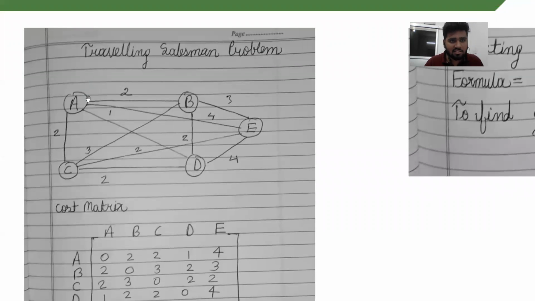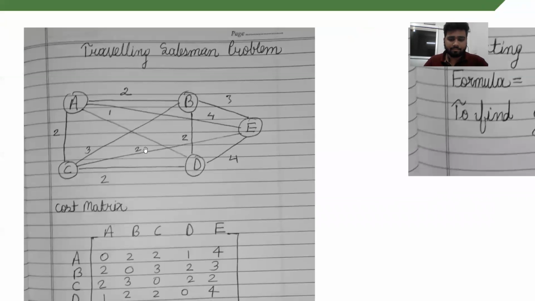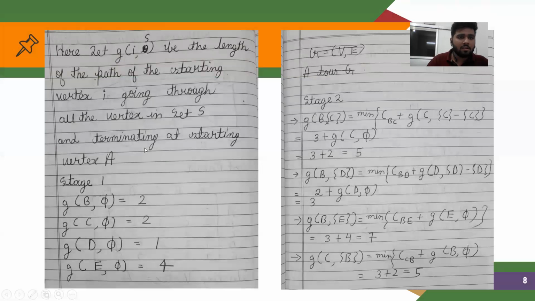See, this A is the starting vertex I. And S is the set of the path from which the salesman will travel.